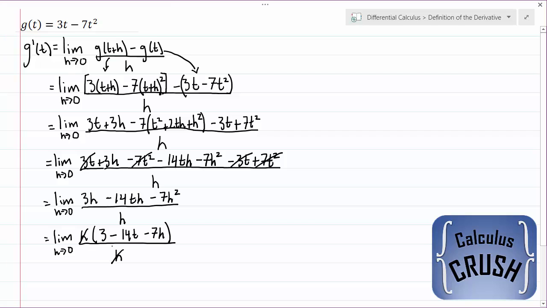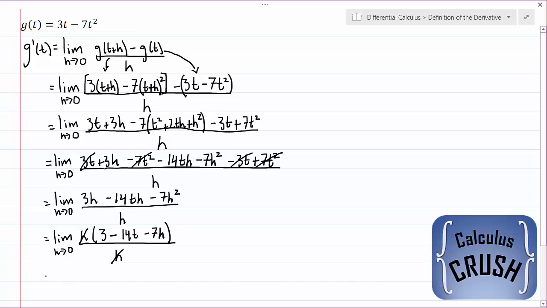Because if you try to take the limit before we do this, you're going to get 0 over 0. And that's because every term has an h up top, every term has an h in the bottom. And 0 over 0 can be anything. It doesn't tell us any information. So we need to simplify the expression so we can cancel out the h's on the top and bottom. And then we're able to take that limit and get an answer which is not 0 over 0.